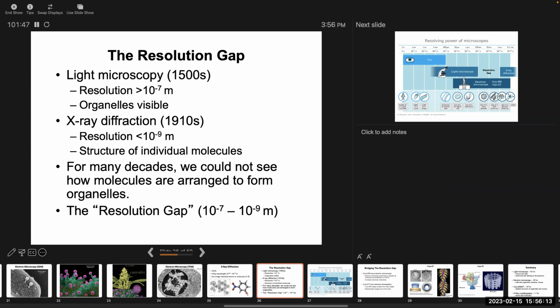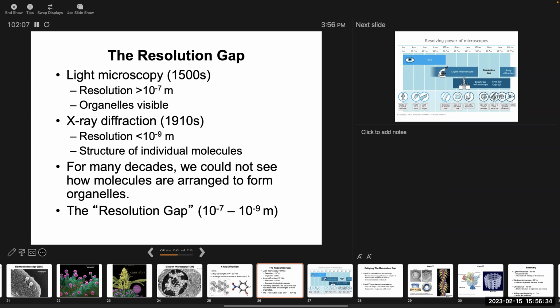At the other extreme, you had this new technology called X-ray diffraction, introduced in the teens, that allowed you to see things that were really, really small, like 10 to the minus 9, 10 to the minus 10 meters. So the structure of individual molecules, or even the shape of an individual atom.